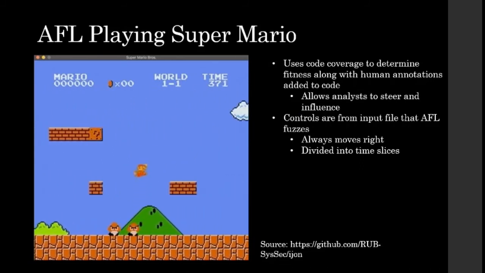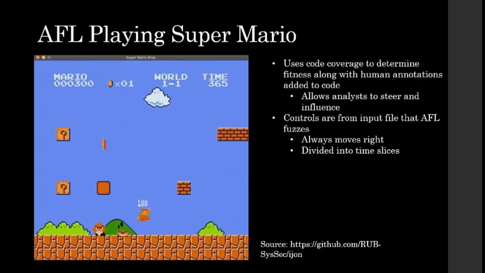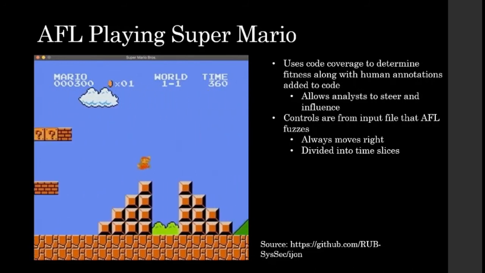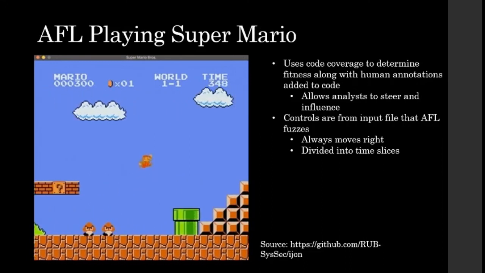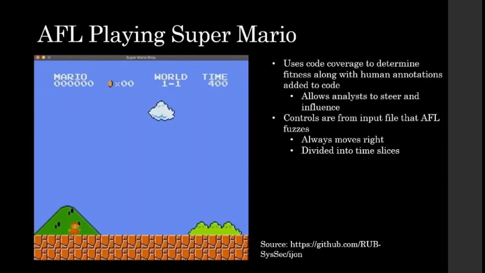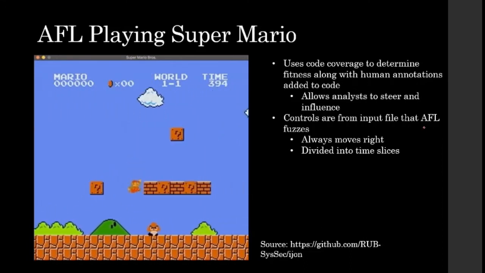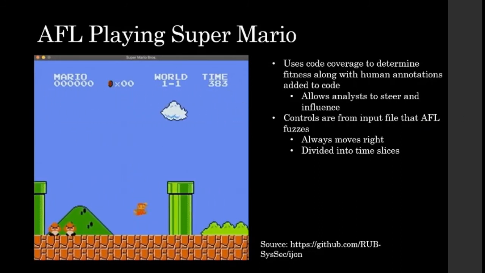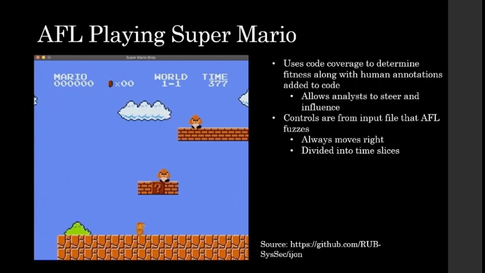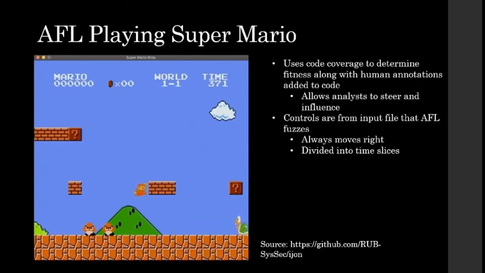The controls are from an input file, so the character will always move right, and each time slice it can either take an action or not. That pattern is what AFL is fuzzing. I included this because it really shows the power of the algorithm in AFL.